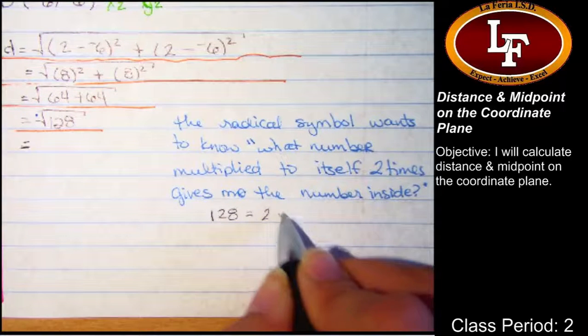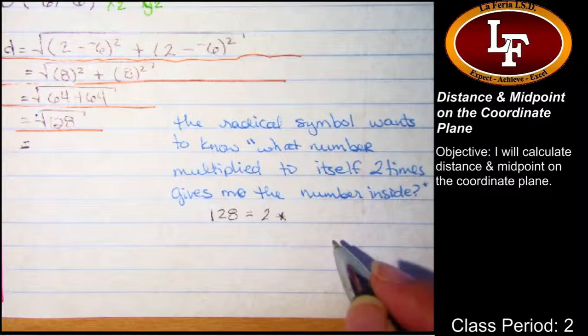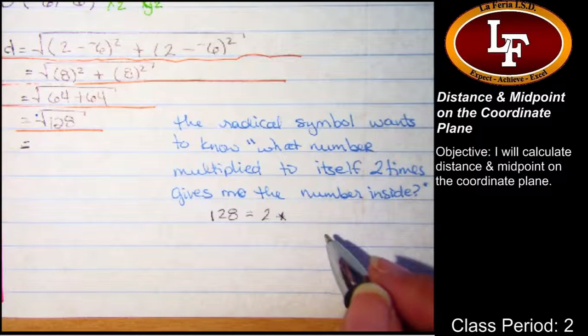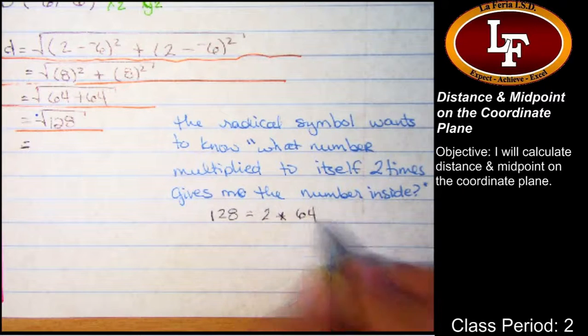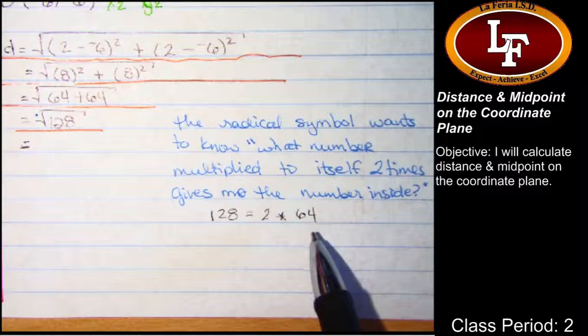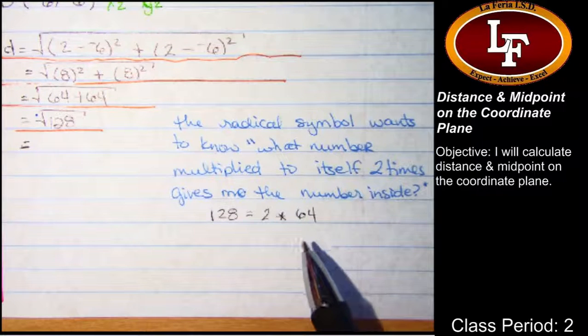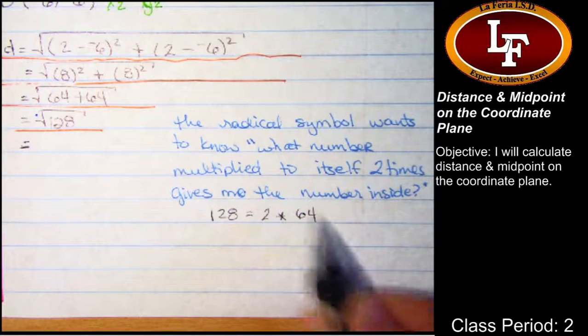So 2 times something gives me 128. 64. All right. Is any one of these two numbers a perfect square? You get it from taking a whole number and multiplying it to itself. The 64.